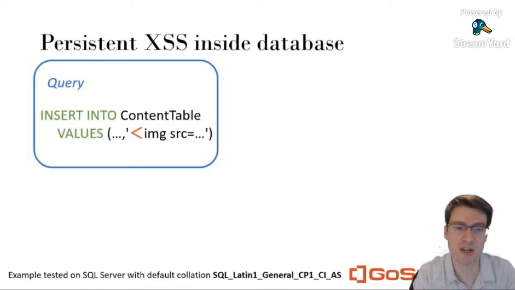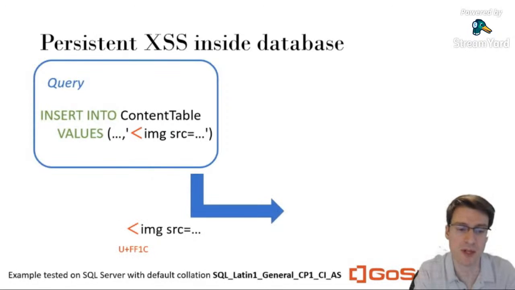And in our malicious value, we're going to place an image tag, but here the tag is not a less-than sign, it's actually a Unicode character that looks like less-than.